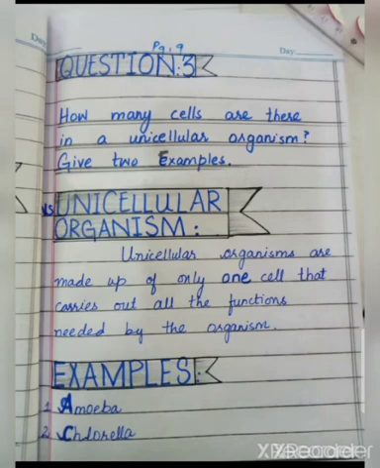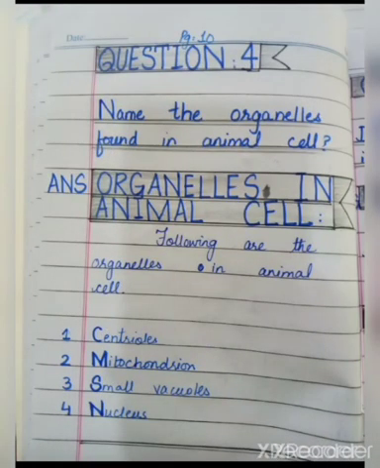Unicellular organisms are made up of only one cell that carries out all the functions needed by the organism, right? Then again leave a line and give the heading examples. So you have 2 examples that are shown on your screen, clear? Then after that you have to do question number 4, name the organelles found in animal cell.